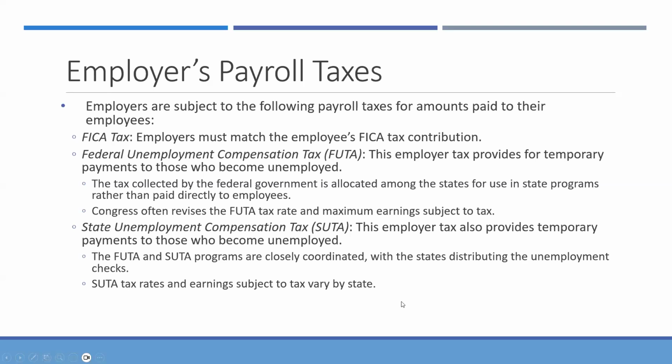The state unemployment tax rates are different in every state, with different regulations, especially dependent on industries or the type of business or the specific business. Because the state unemployment insurance does penalize companies that lay off employees often. If employees are routinely being laid off, no fault of their own, claiming unemployment, the business that keeps laying people off, their rates will go up on the state unemployment compensation tax.